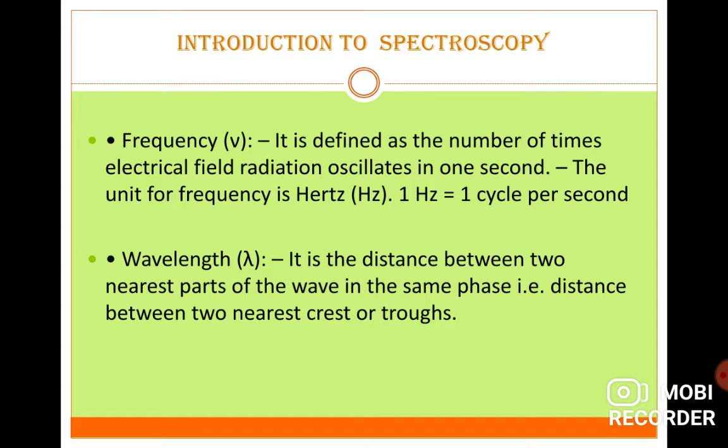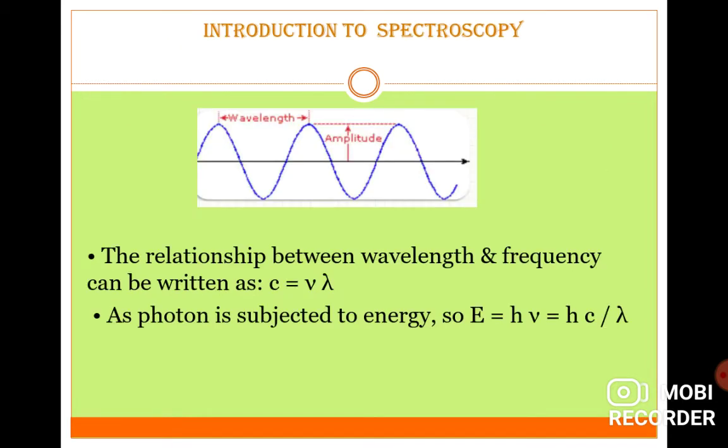Next, what is wavelength? Wavelength is the distance between the two nearest points of the wave in the same phase, that is, the distance between two nearest crests or troughs. Next, what is the relationship between wavelength and frequency?